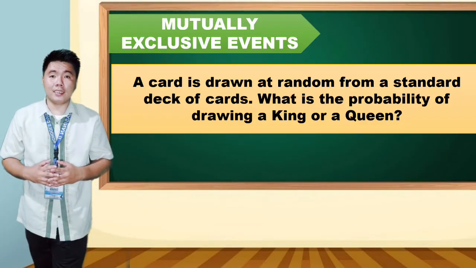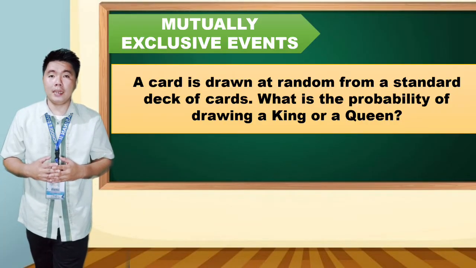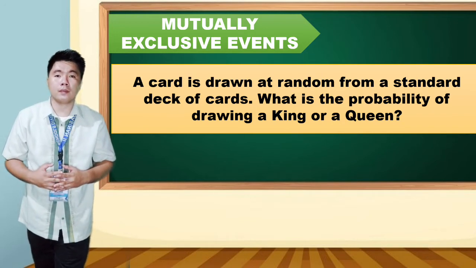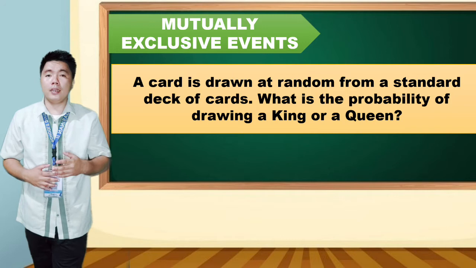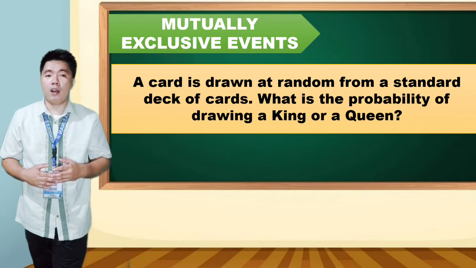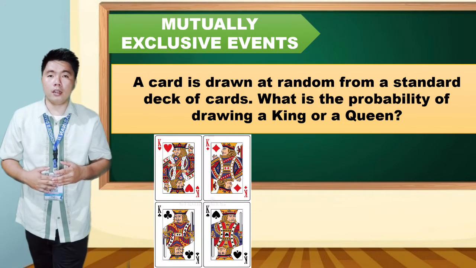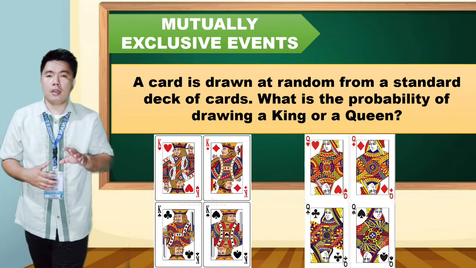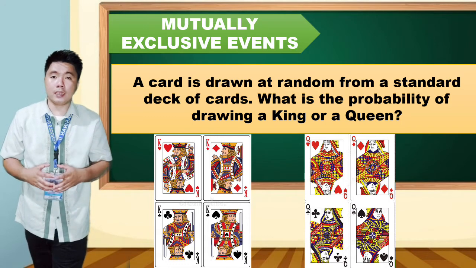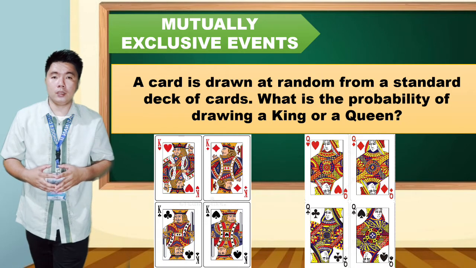Let's have an example. A card is drawn at random from a standard deck of cards. What is the probability of drawing a king or a queen? Remember, our keyword is OR.